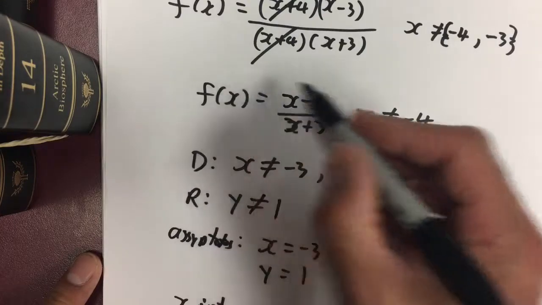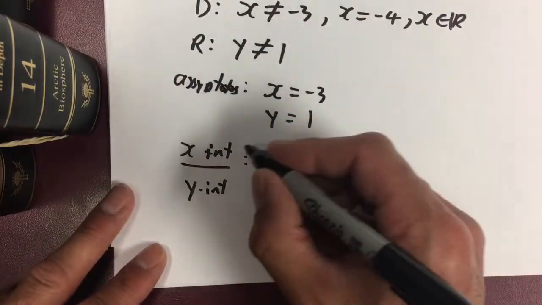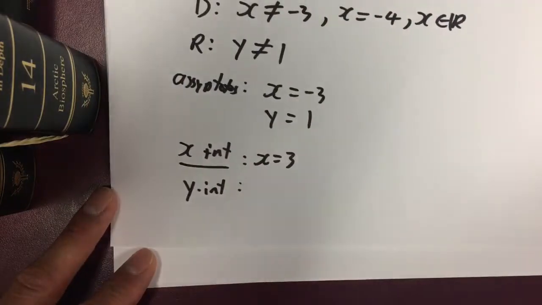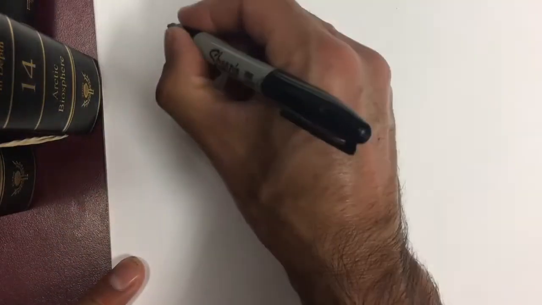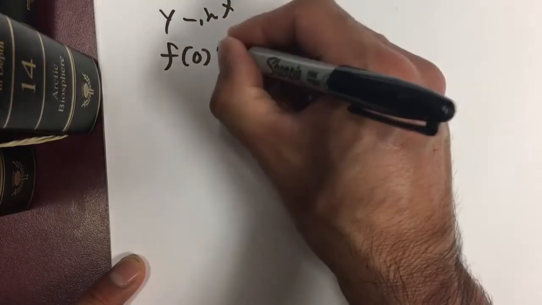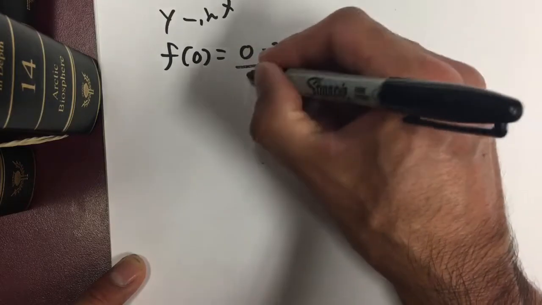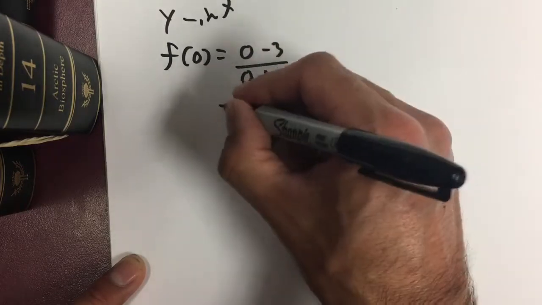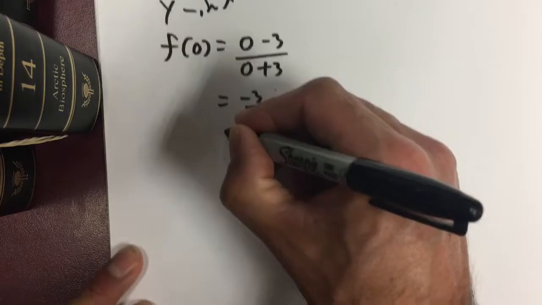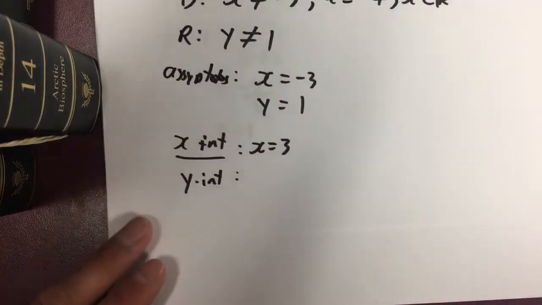When x is 0, we've got a 0 here and here. I'll write that out in Lagrange notation. For our y-intercept, our function evaluated at 0 is 0 minus 3 over 0 plus 3. So our y-intercept is negative 1.